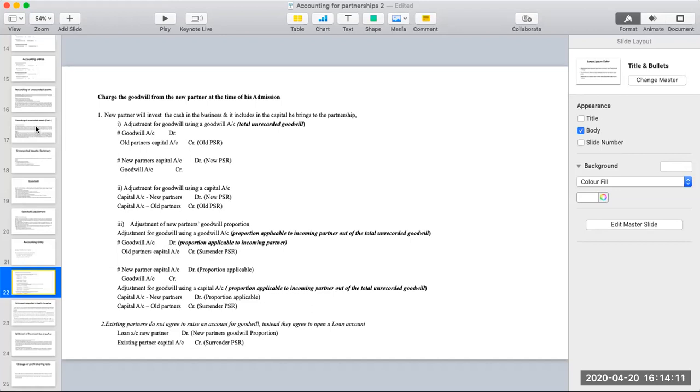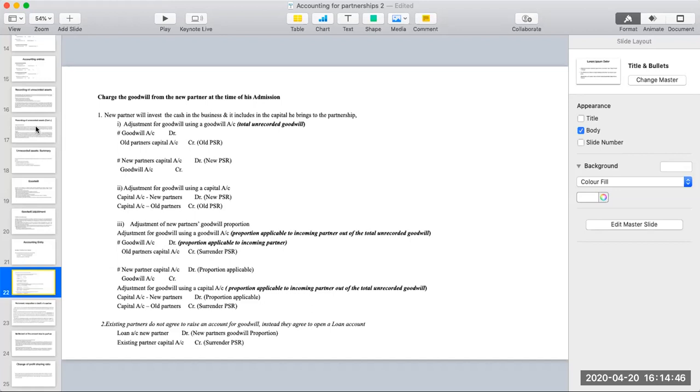The new partner is debited according to the new profit sharing ratio, and the old partners' accounts are credited according to which ratio? That is the surrender profit sharing ratio, the difference between the old profit sharing ratio and the new profit sharing ratio.